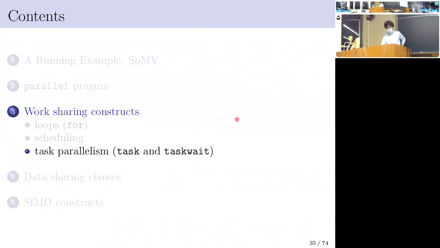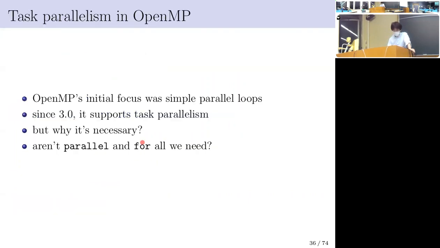Okay, so let me get into another OpenMP directive called task. It's also conceptually somewhat different from ordinary for loop load balancing. It is something called task parallelism. Actually, it was added later than when OpenMP was initially released.